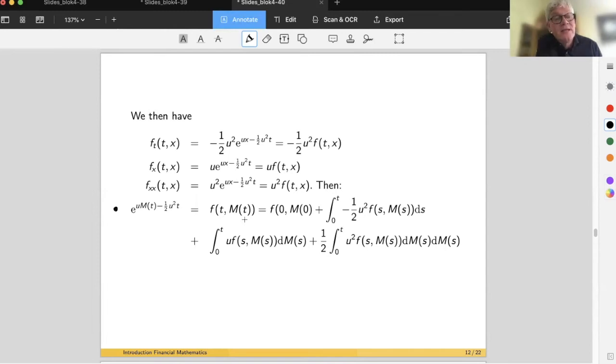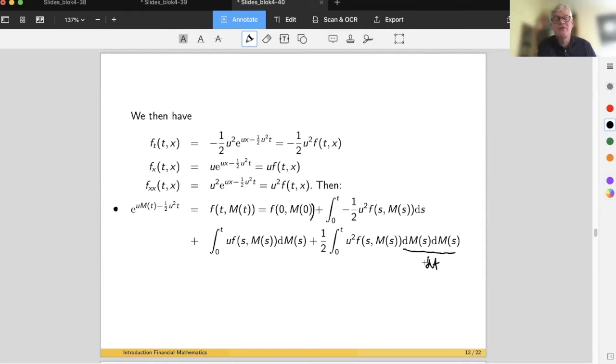And then the Ito-Doeblin formula says this is equal to f at 0, m_0, plus the integral from 0 to t of df/dt, which is minus 1/2 u squared times f ds, where f is evaluated at s, m_s, plus the integral from 0 to t of u times f dm, that is df/dx times dm, plus 1/2 times the integral from 0 to t of u squared times f d[m]_s. Well, d[m]_s, we also know that is equal to dt, right?